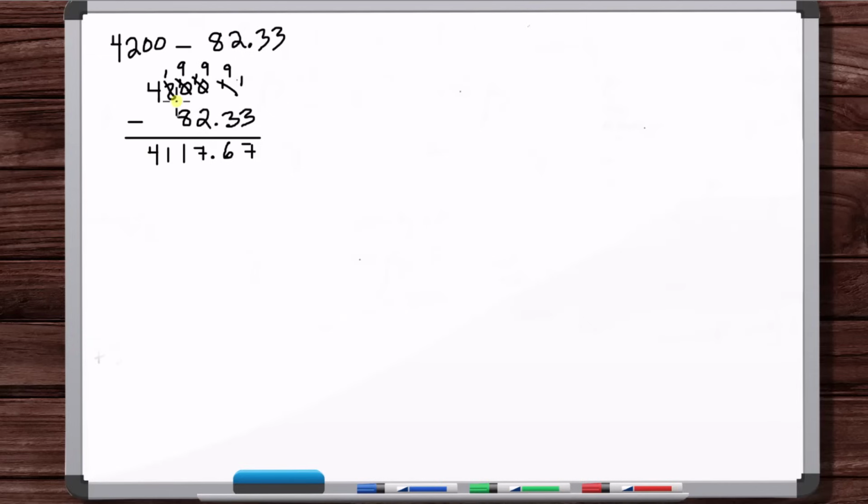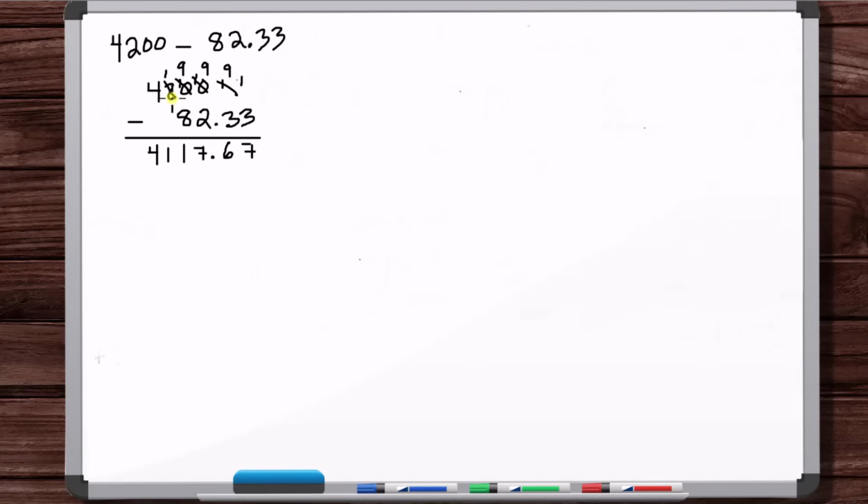Okay, so what is the precision of this number? It is the hundredths place. What is the precision of this number? Is it the ones place? No. You would say that this is precise to the hundredths place. Remember, how many significant figures does 4200 have? It has no decimal, just 4200.